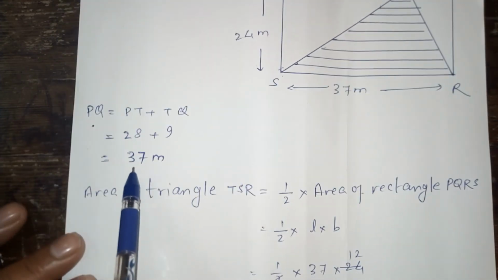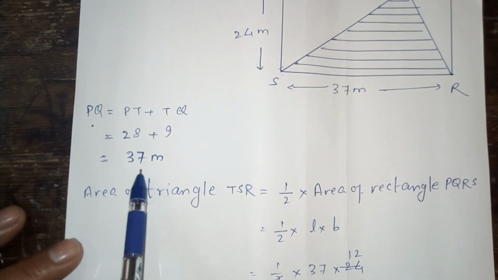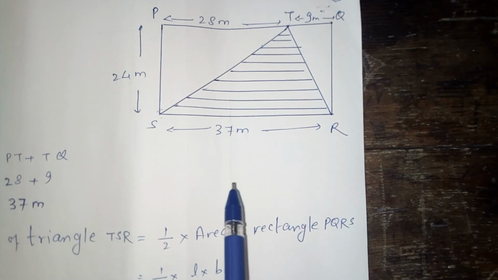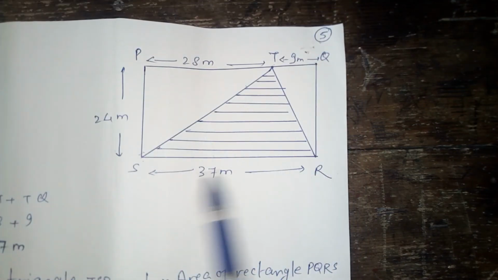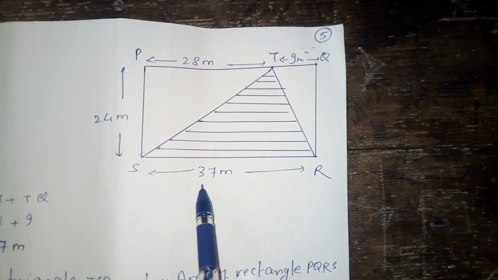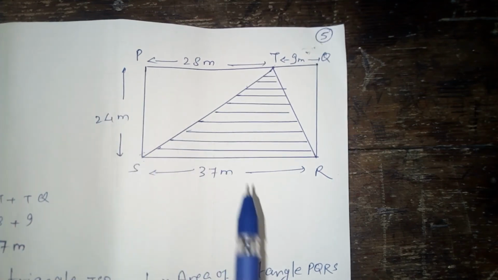After adding you will get 37 meter. 28 plus 9 is equal to 37 meter. Now in this rectangle PQRS, length is 37 meter and breadth is 24 meter.